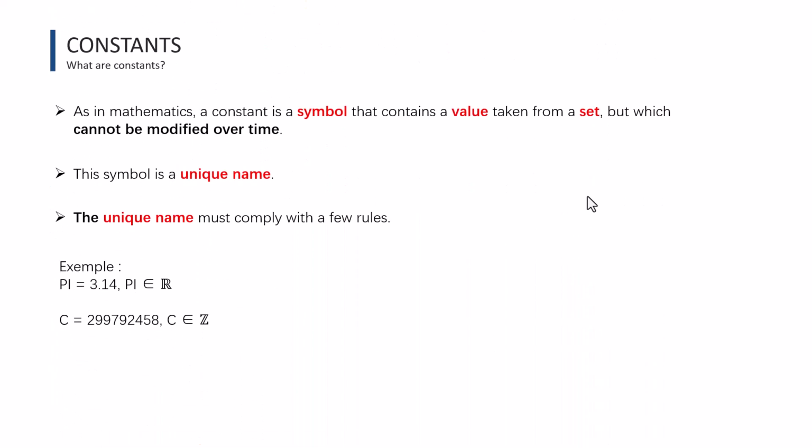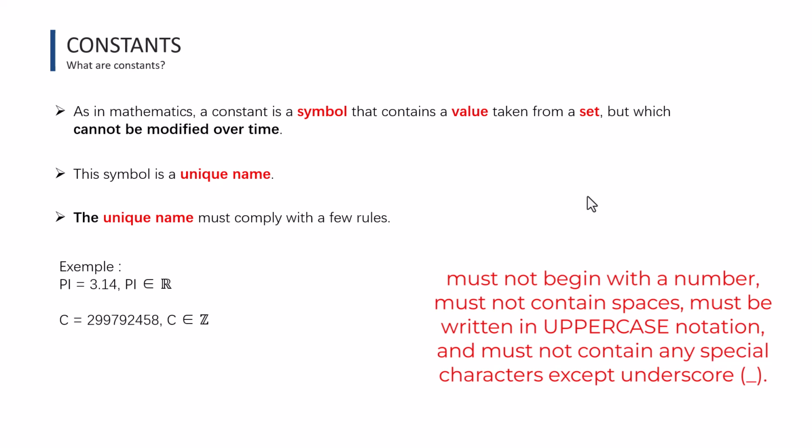On the other hand, we have the concept of constant. That is very similar to the concept of variable. It's just that in a constant, the value cannot be modified over time, as the same notion in mathematics. A constant also has a unique dedicated name that follows the same rules as the variable name, with the exception that when you write a constant name, you put all the characters in uppercase.